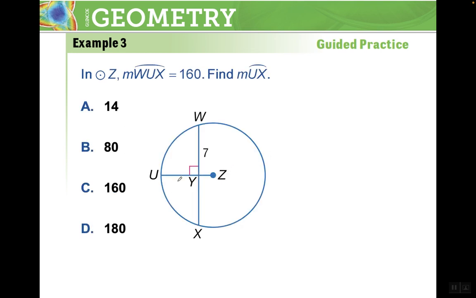This is very similar. You have the arc WUX as 160, and you have a perpendicular bisector in there. So then just find the length of UX. Should be 80.